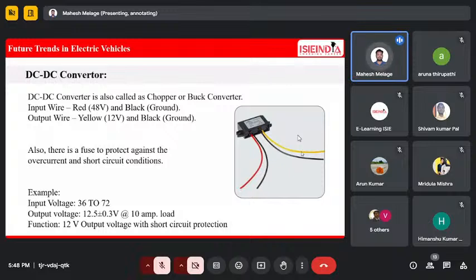So it reduces the battery voltage from 48 volts to 12 volts, so that the operation can run smoothly.